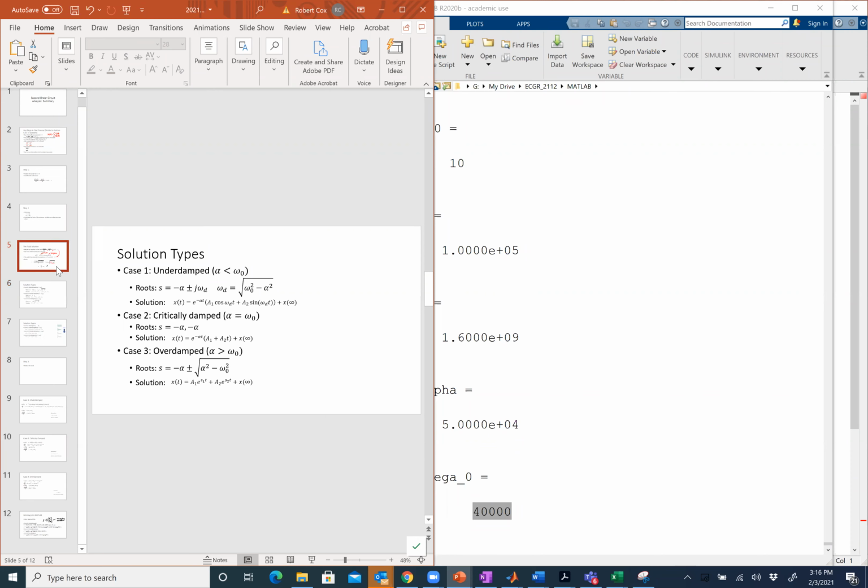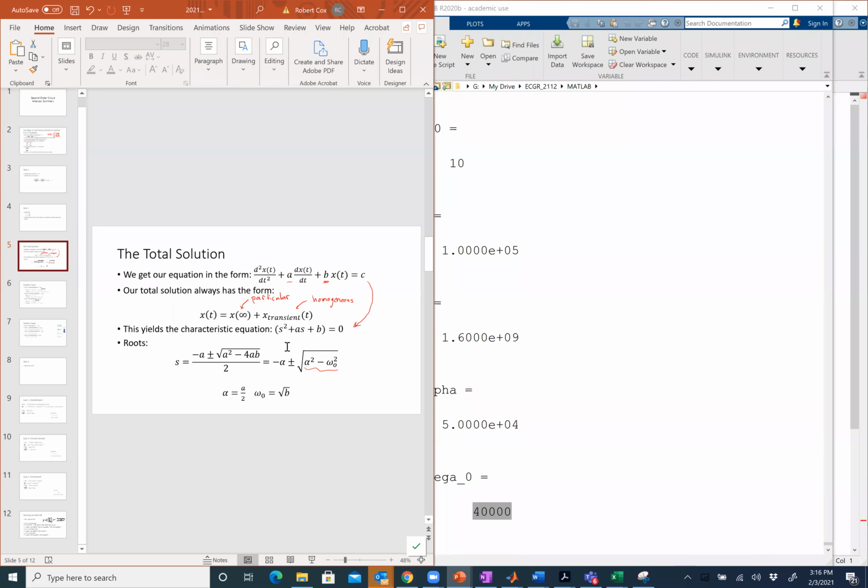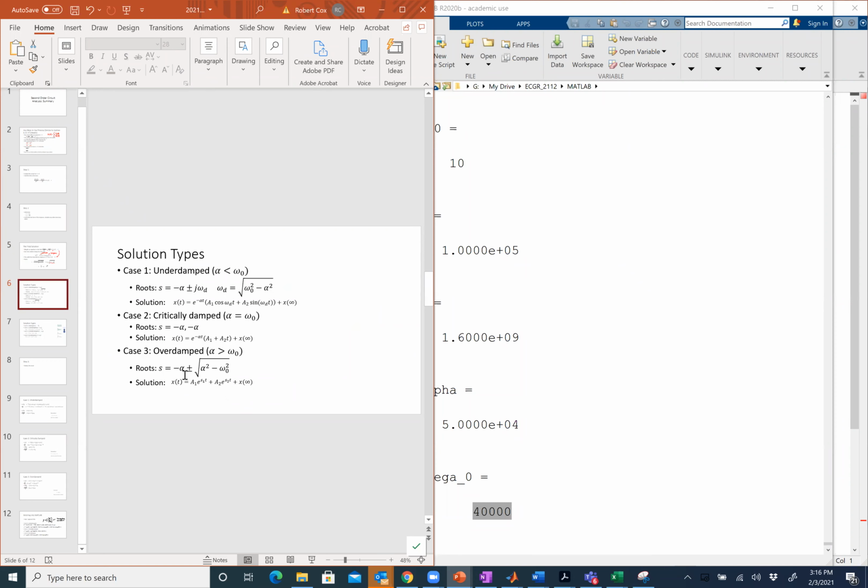Now, you can do that different ways. You could look at what we call the characteristic equation, and you could just do the roots from the quadratic formula. There are some other ways that are even easier to do in MATLAB. But what I did in this particular case is I said, all right, it's overdamped. I know alpha, I know omega naught. So I know that the form of my solution is x of t equals A1 e to the s1 t plus A2 e to the s2 t plus the steady state.